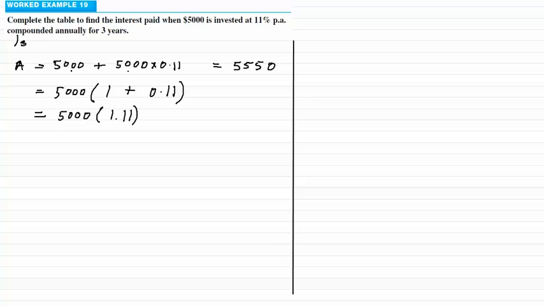So that's the first year. Now what happens in the second year, we take this amount here, 5,550, and then we work out 11% of that.